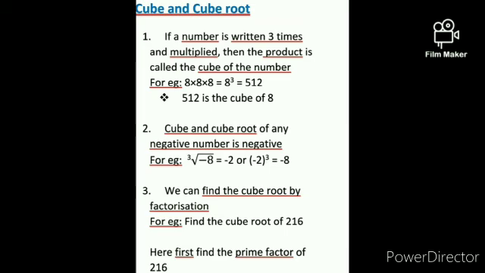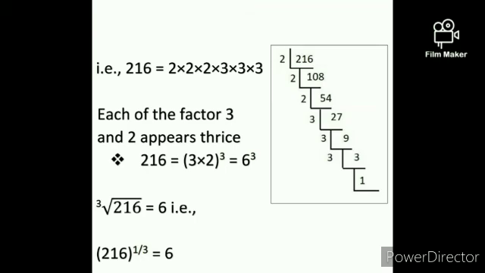Now, we can find the cube root by factorization. For example, find the cube root of 216. Here first, find the prime factors of 216. So children, you know how to find the prime factors, right? First, 2 is to be multiplied by 108, which will give you 216. Then 2 is to be multiplied by 54 to get 108.